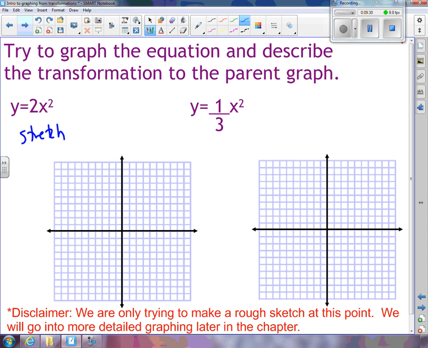It gets skinnier by a factor of 2. So our vertex is still at 0, 0, but instead of going up 1 unit, I'm now going to go up 2 units for that first point. It's not that way for the other points, but just for that first point. So my graph is skinnier than normal.